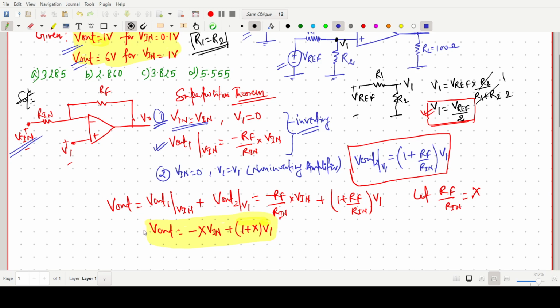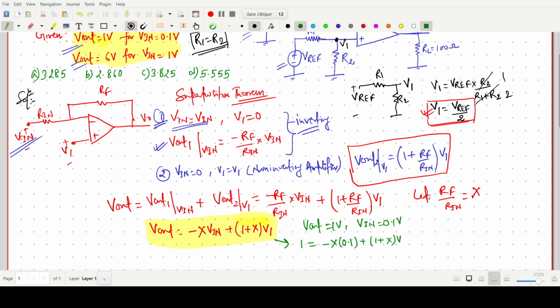First, when V output equals 1 volt, given V input is 0.1 volt, we can directly write V output, 1 volt, equals minus X times 0.1 plus 1 plus X times V1.